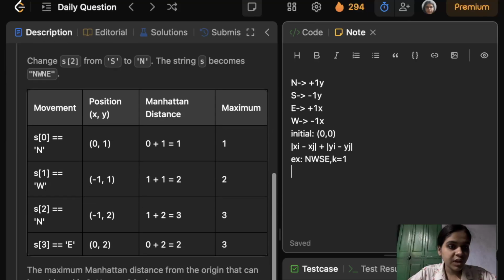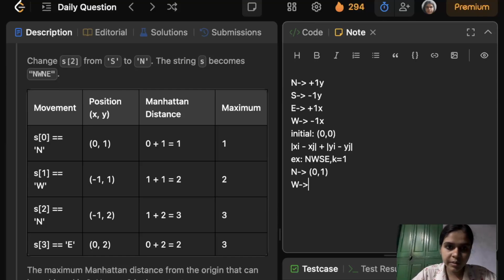If we move in the N direction, it will be plus 1 in the y coordinate, so 0 comma 1. W will be minus 1 in the x direction, so it will be minus 1 comma 1.